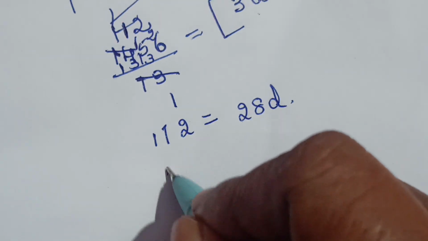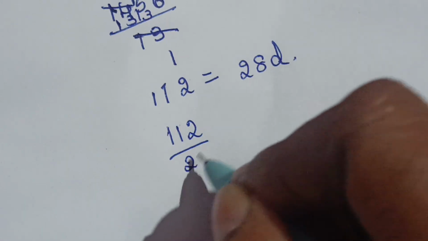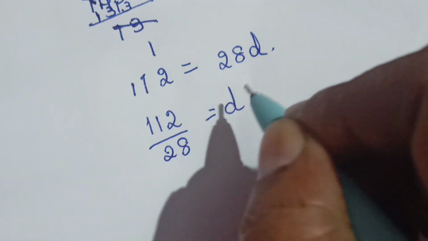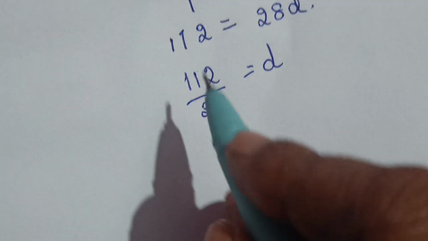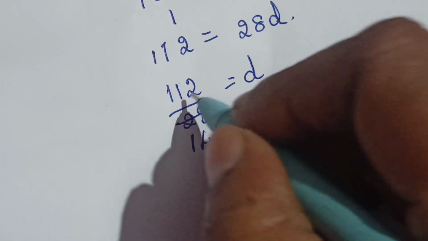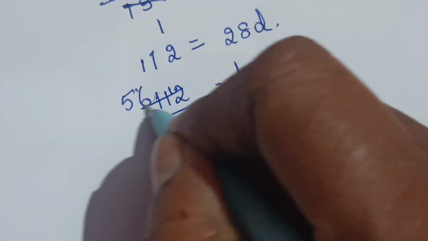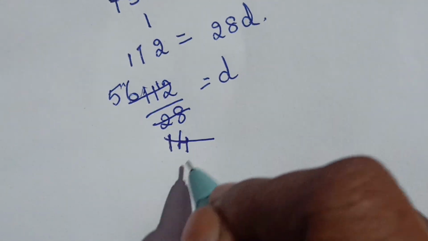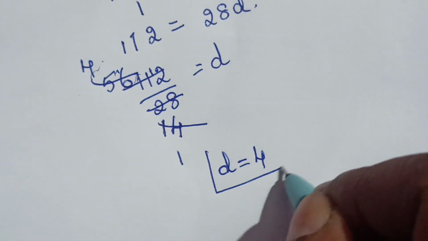You can do direct cancellation, or 112 divided by 28 is equal to d. You can start with the smaller number or the bigger number itself. I'll start with the smaller number. 14 times 4 is 56, so we got the value of d. d is equal to 4.